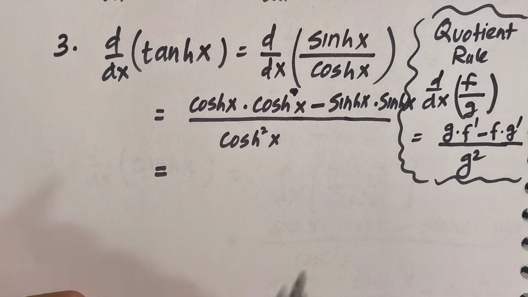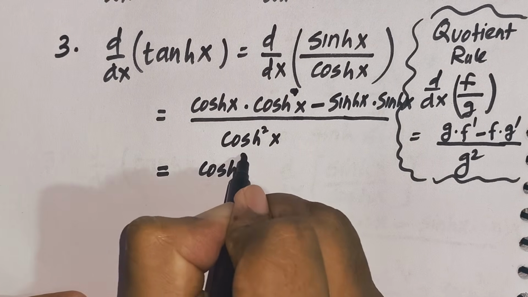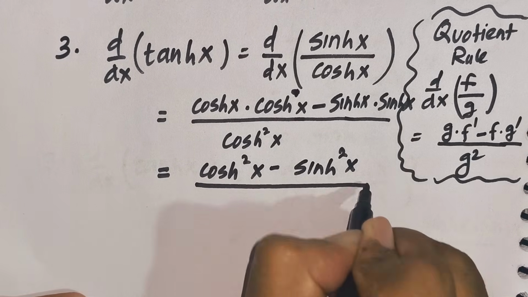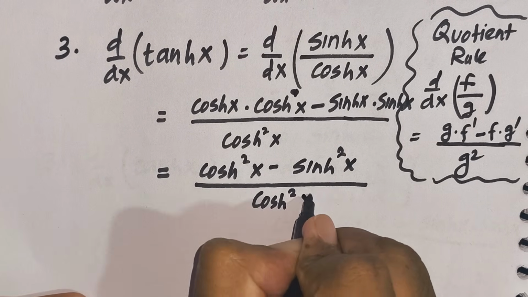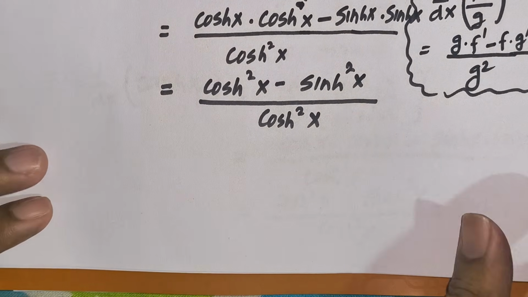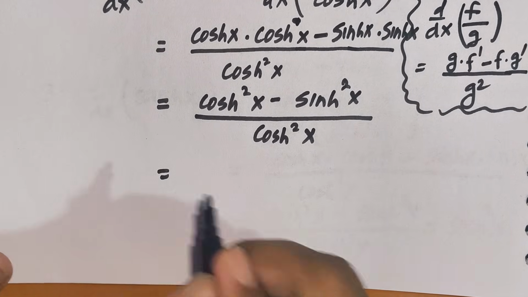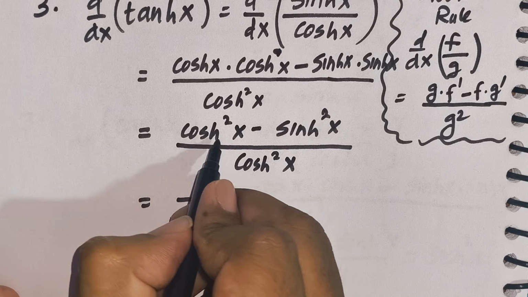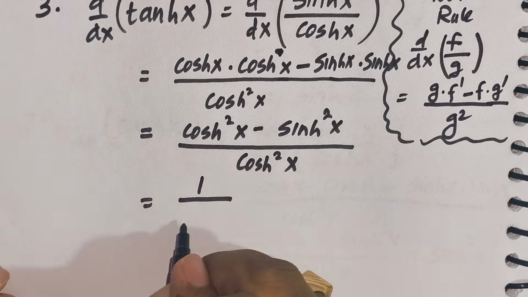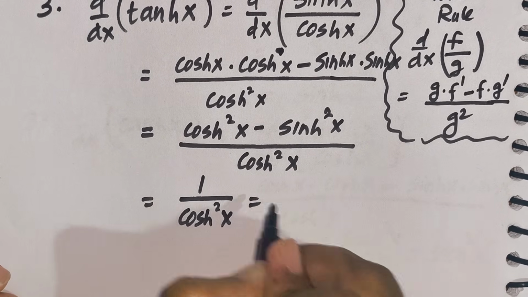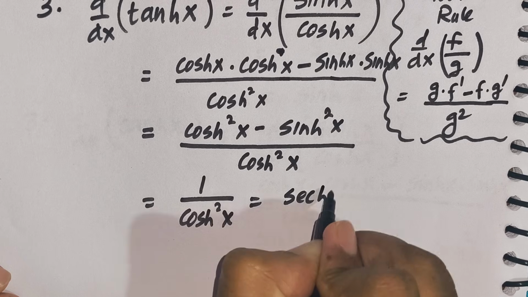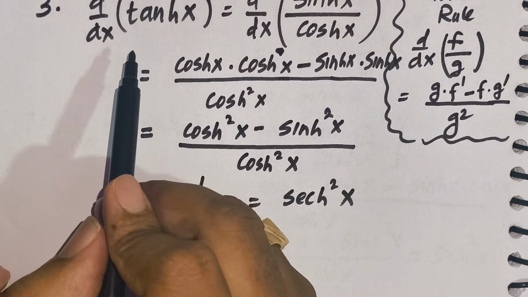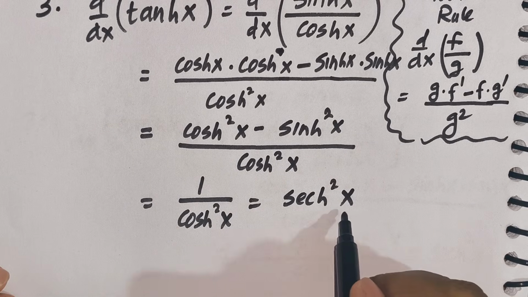So we have hyperbolic cosine square minus hyperbolic sine square, divided by hyperbolic cosine square. By the hyperbolic identity, this becomes 1. Hyperbolic cosine square minus hyperbolic sine square is 1. This is 1 over cosine hyperbolic square x, which is secant hyperbolic square x. So the derivative of hyperbolic tangent is hyperbolic secant square x.